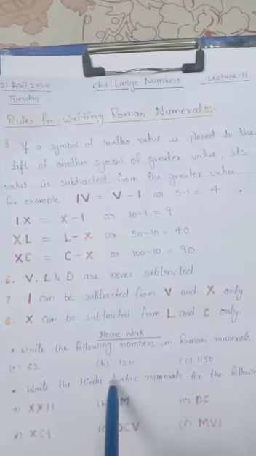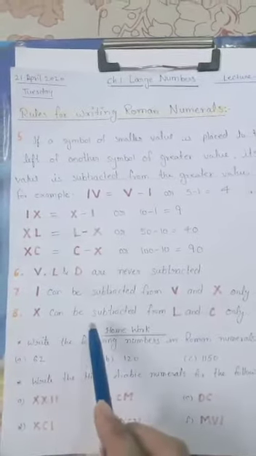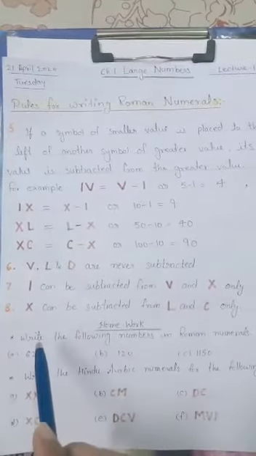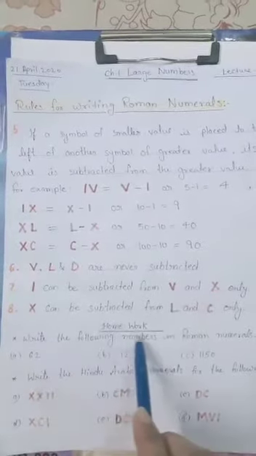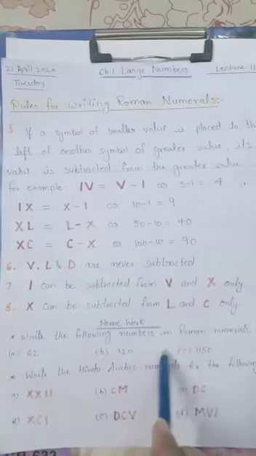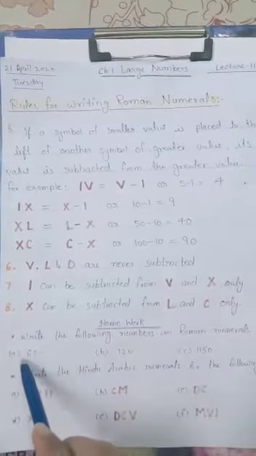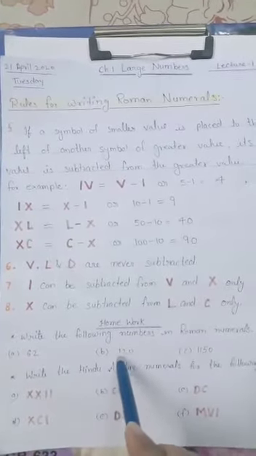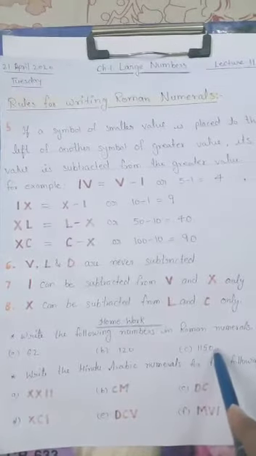Okay, there are some questions for you all. Do it in your rough or fair notebook. What is question 1 for your homework? Write the following numbers in Roman numerals. Here numbers are given and you have to convert them into Roman numerals. Number A is 62, number B is 120, number C is 1150.